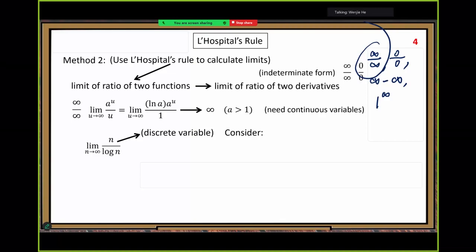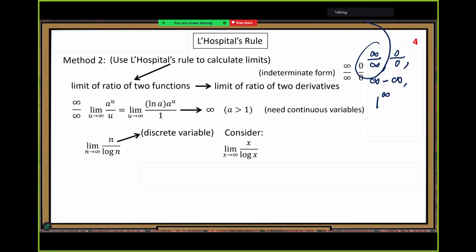Now, we hit some roadblock here, right? So we want to make some change on this ratio. We consider another, similar ratio, x over log of x.